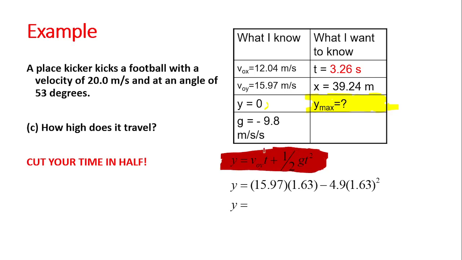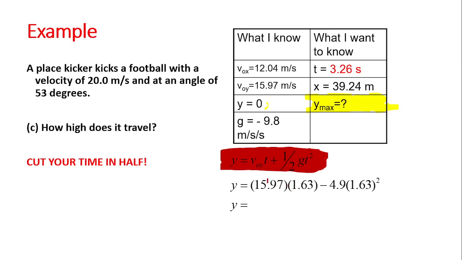So once we have this formula, all our work has been simplified. But remember to cut your time in half. In short, divide the time by 2. Before you plug in, divide the time by 2.